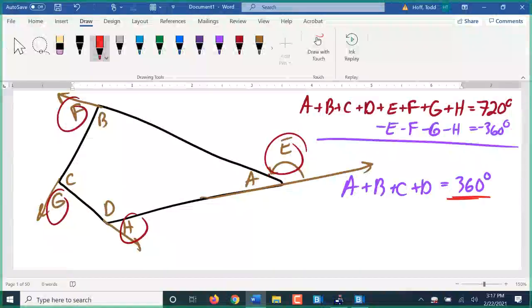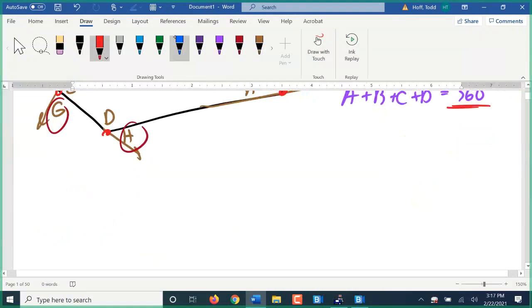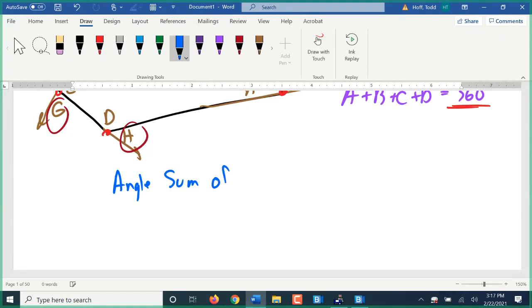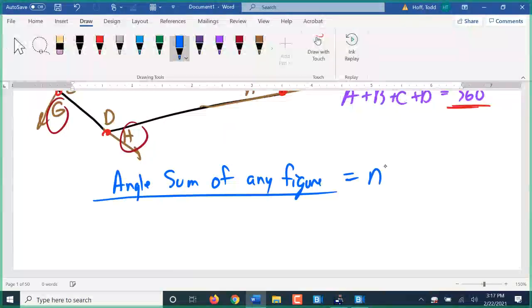Notice what happens: every vertex, every corner of that figure, put 180 degrees into that total. But then each time I subtracted a total of 360 degrees for those exterior or outside angles. So the angle sum of any figure is going to be the number of sides times 180 degrees, and then subtract 360.